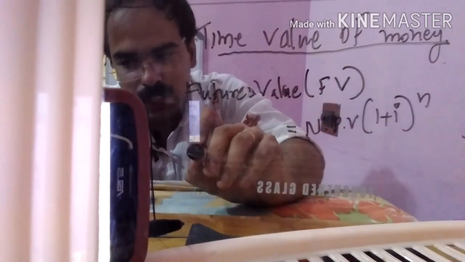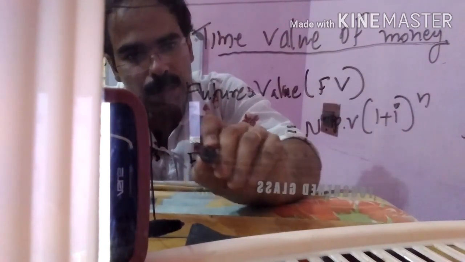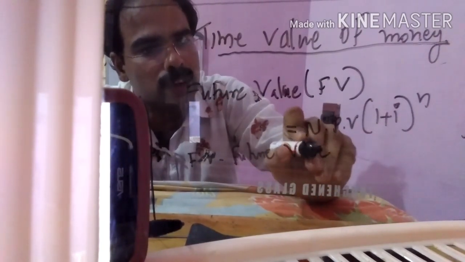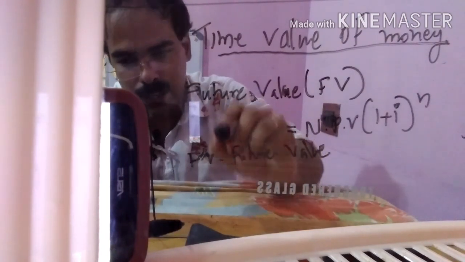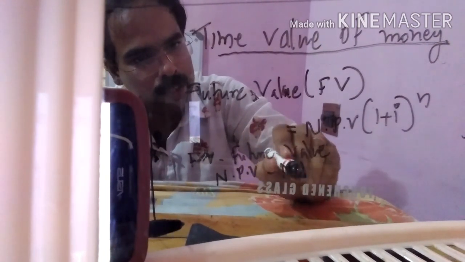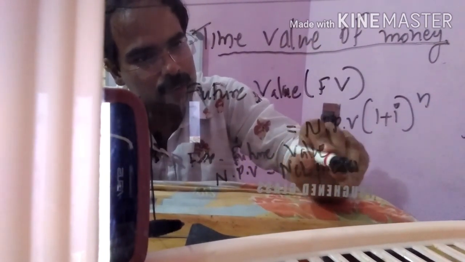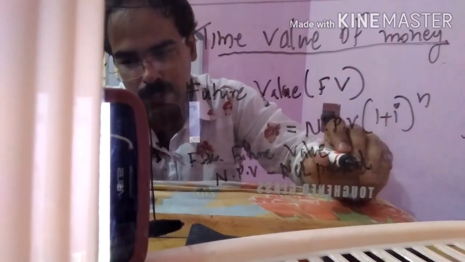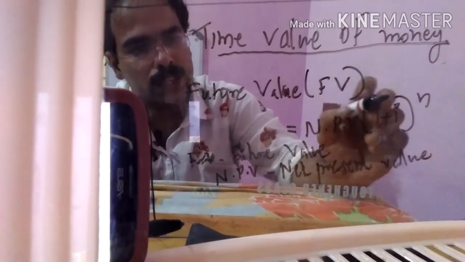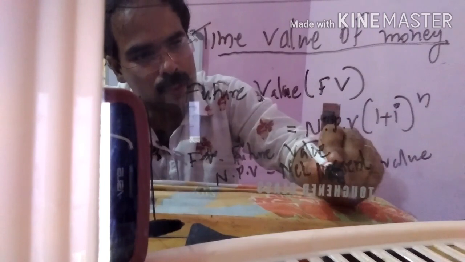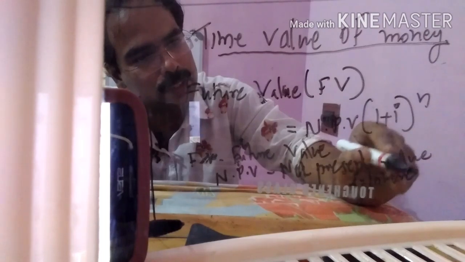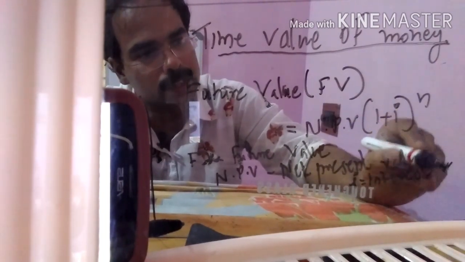FV means future value. NPV means net present value. I means interest rate.